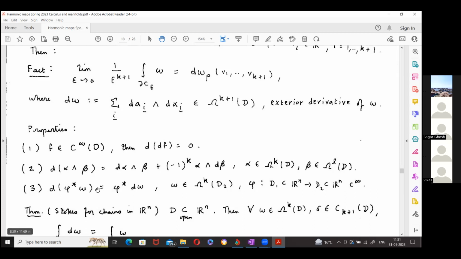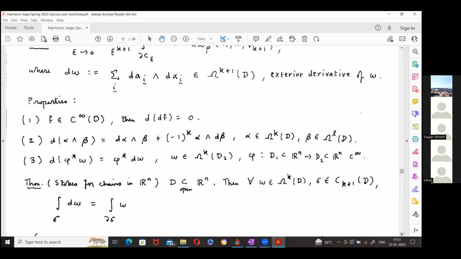And it commutes with pullback. So d of phi star omega is phi star d omega, where phi is a smooth map between domains D1 and D2, from Rm to Rn really, and omega is a k form on the image domain D2.